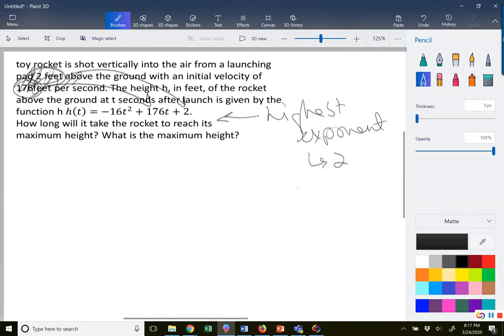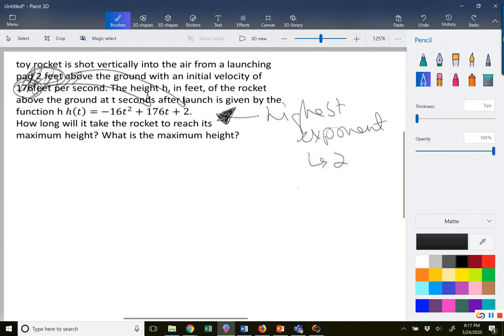What we want you to see is that this equation is a parabola. Because the leading term is negative, it's going to be a parabola facing down, opening down. That means the vertex is going to be the maximum point for it. It's going to have a maximum, not a minimum.